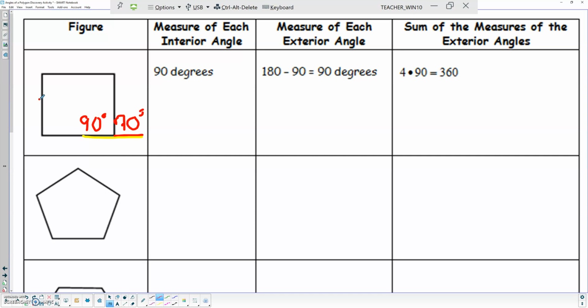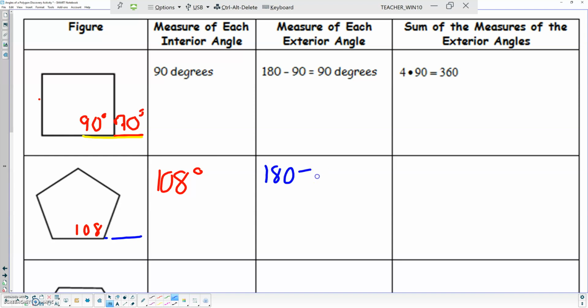All right, so let's do another example. So in our pentagon, we said that every interior angle measured 108 degrees. So this angle is 108. So again, the exterior angle is formed by extending one of the sides of the polygon. And the interior angle and the exterior angle are always going to be supplementary.